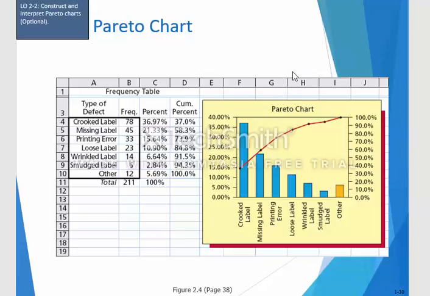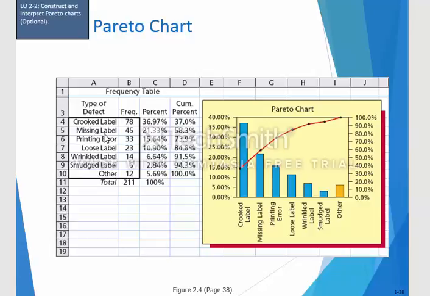A line chart is essentially the same thing as a bar chart, except you don't have bars, but the height is based upon the frequency. In this Pareto chart, you have a standard histogram, and then the line graph is the cumulative effect as you go out.